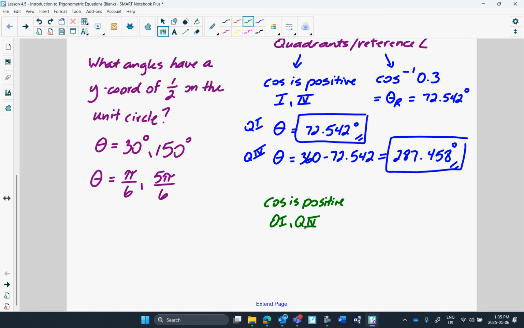Now to do my reference angle, I still do the cos inverse of 0.3. That's going to give me my reference angle. But it's going to give me a different value because I'm in radians: 1.266.